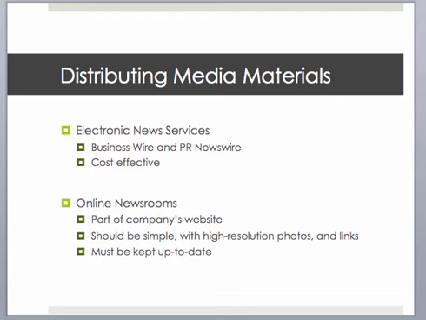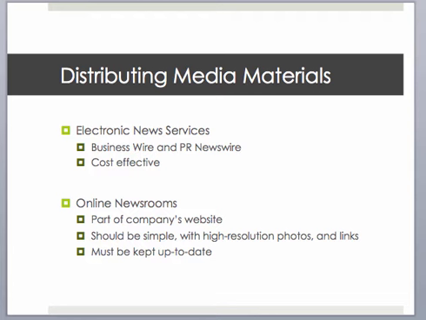Almost all organizations use wire services to distribute news releases, photos, and advisories. 2 major newswire services are Business Wire and PR Newswire, and they each transmit over 25,000 news releases a month to daily newspapers, broadcast stations, ethnic media, financial networks, and online news services.